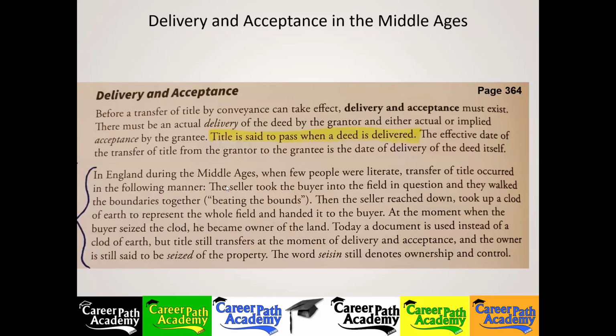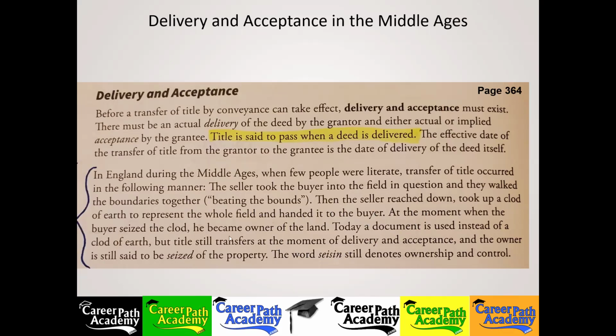In England during the Middle Ages, when few people were literate, transfer of title occurred in the following manner. The seller took the buyer to the field in question and they walked the boundaries. This was known as the beating of the bounds. Then the seller reached down and took a clod of that earth that represented the whole field and handed it to the buyer.